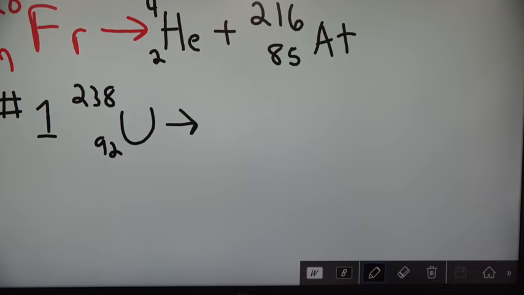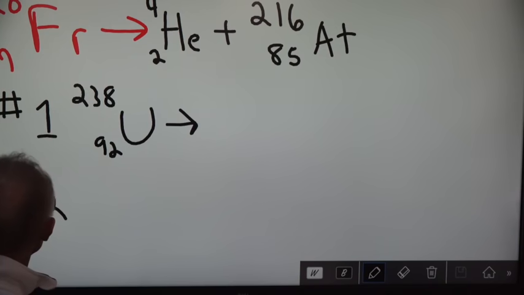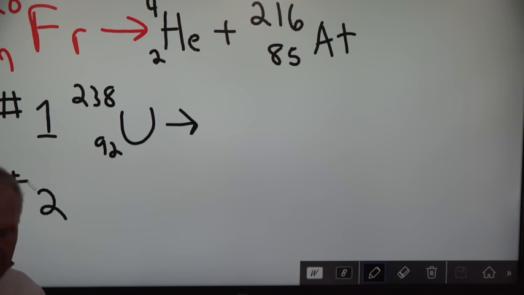The first alpha decay is uranium-238, 92, which undergoes alpha decay.